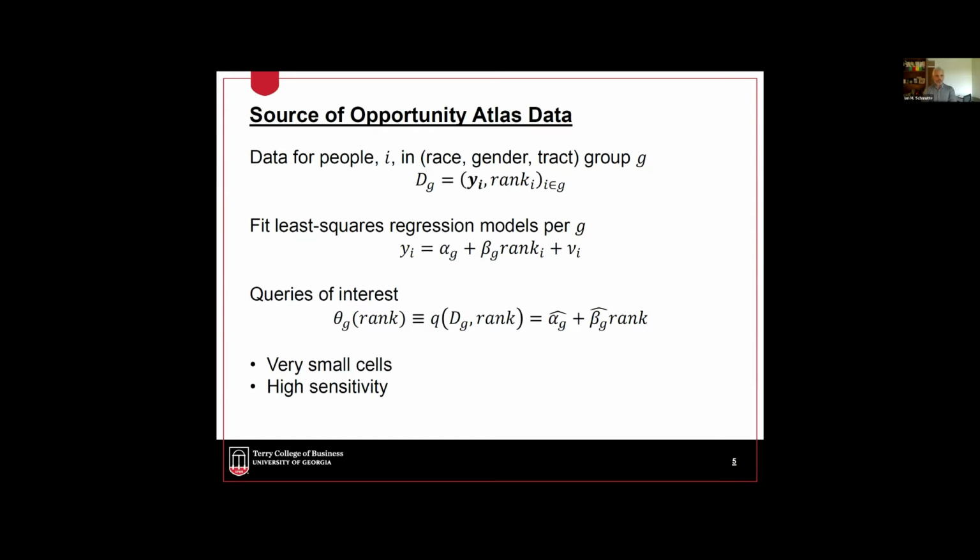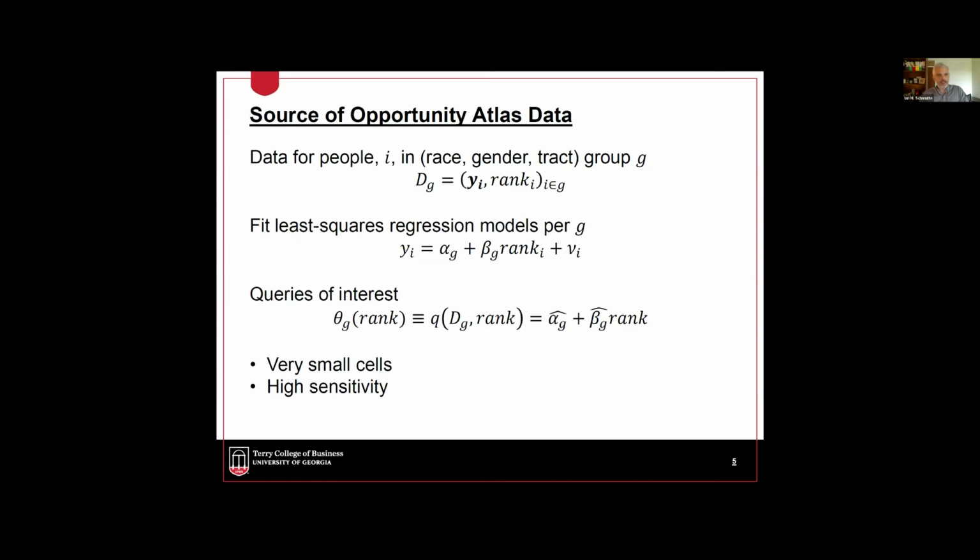So what they do with these data is fit least squares regression models. This is a little bit of a simplification, but not much of one. Fit least squares regression models, one for every group. So the data are completely disaggregated. So we're fitting a regression for each group where I'm going to predict the outcome that I'm interested in as a function of the household income rank.